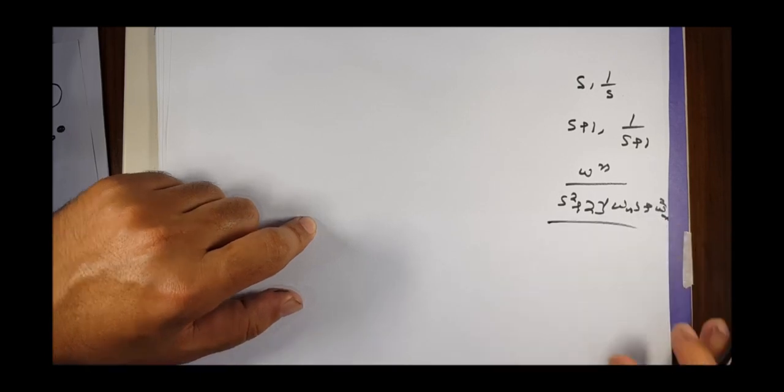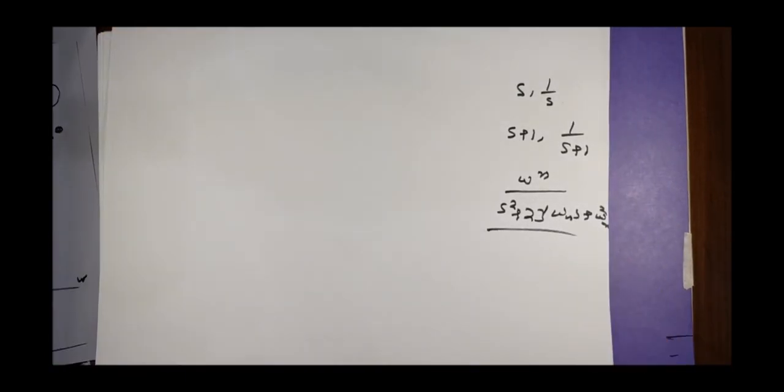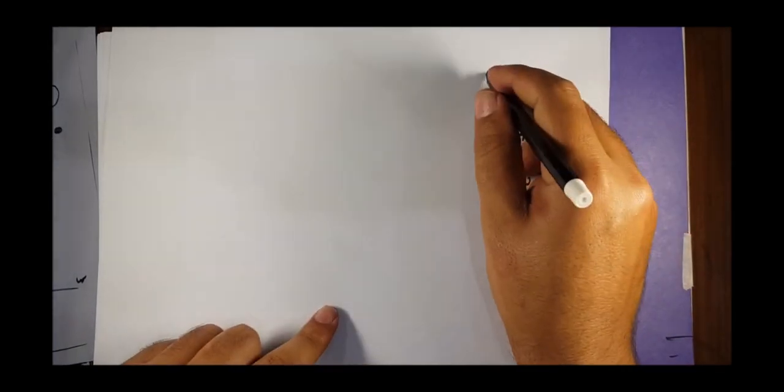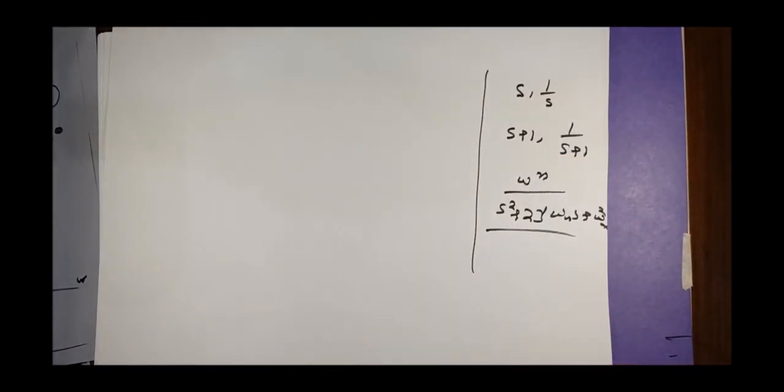Now we understand how to find the phase plot for these kinds of transfer functions. Now you can combine them together and give a composite plot as well. No need at this time.